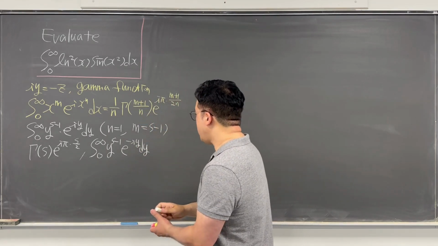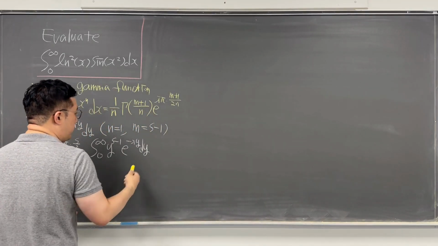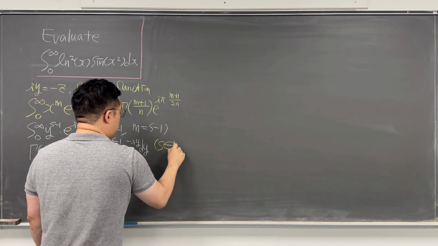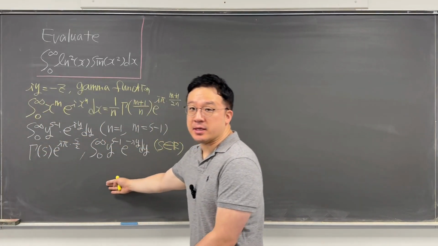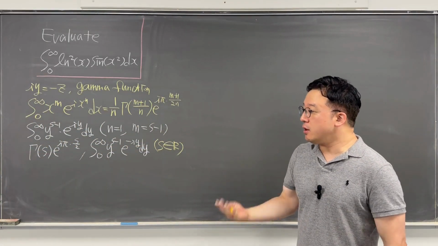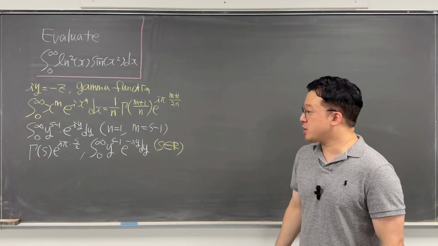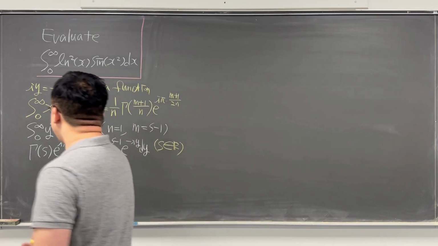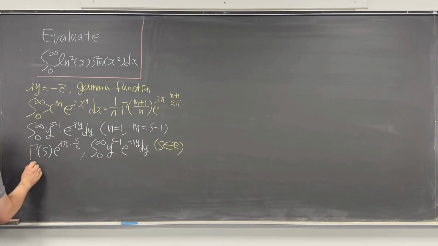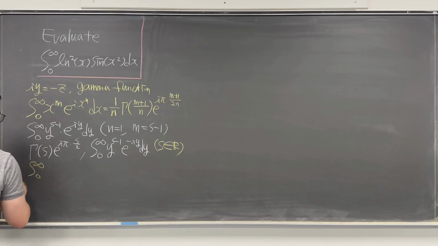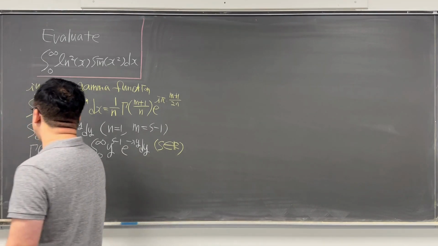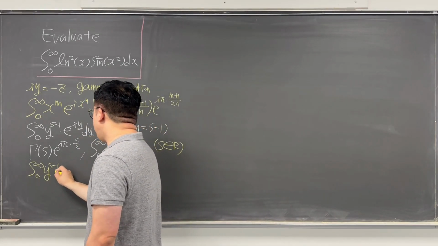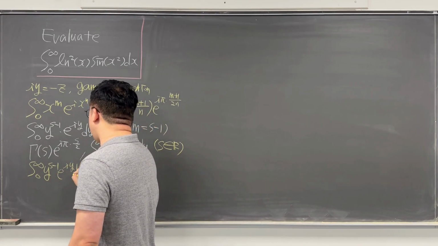Okay. Then at the same time, in this case, your s has to be a real number. So if your s is a real number, then this gamma s is going to be real, and also its complex conjugate too. So that's why, of the integrals, we should be working on one of them, the integral from 0 to infinity of y to the power of s minus 1 times e to the power of iy dy.